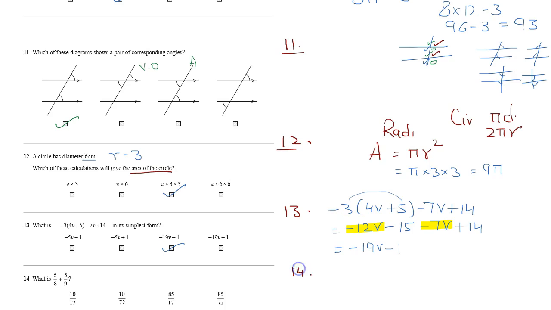Number 14. What is 5 over 8 plus 5 over 9? Whenever you get this kind of question where the denominators are different and there is nothing common, no common factor in 8 and 9, you simply multiply.